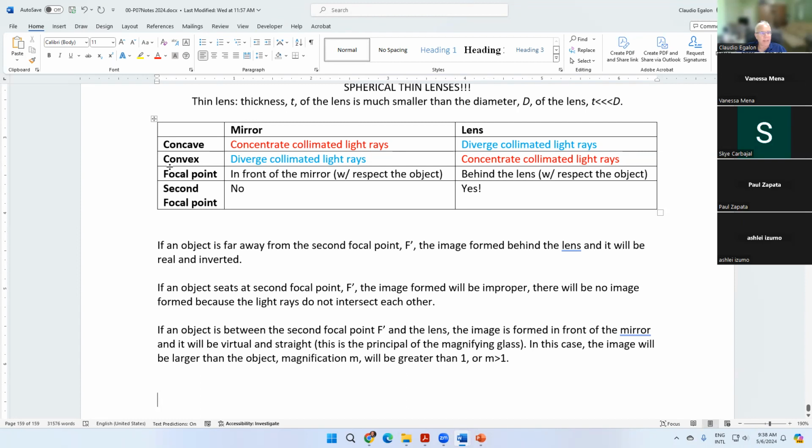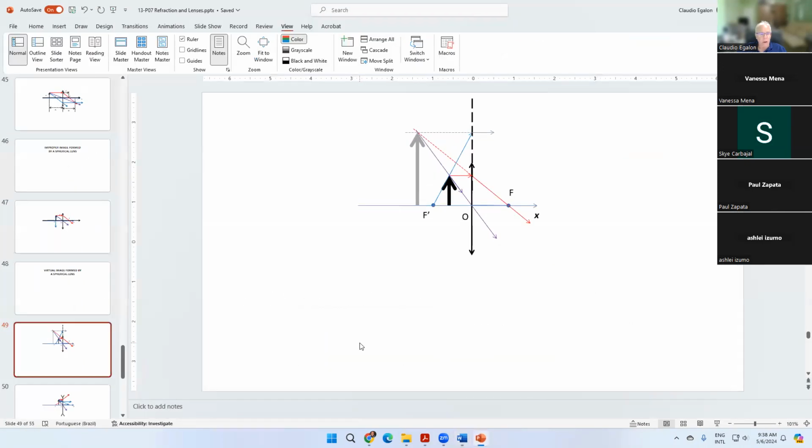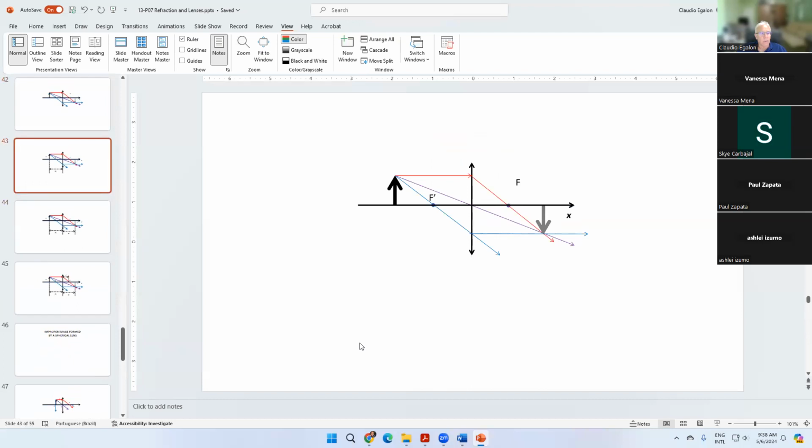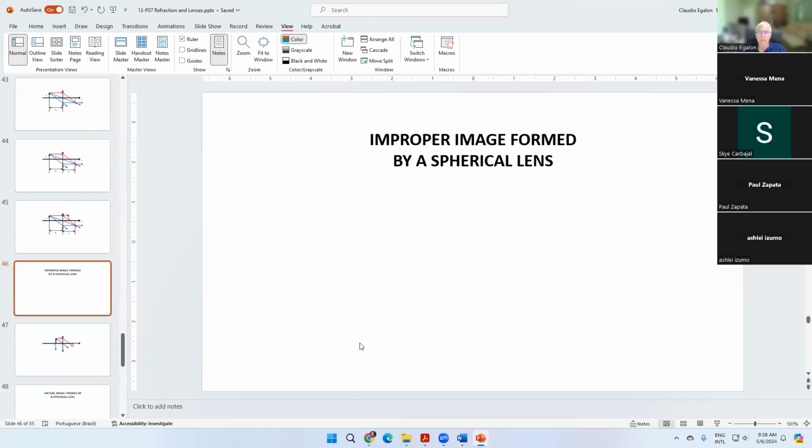Now let's concentrate on negative lenses. Now let's see how this thing can be worked out using a negative lens, a concave lens.